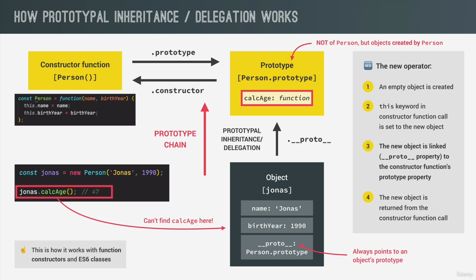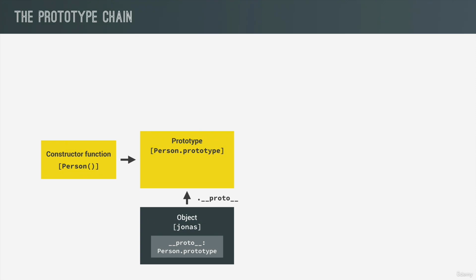So let's understand the prototype chain a bit better by zooming out and looking at the whole picture. So here is the diagram that we already had with the Person function constructor and its prototype property, and the Jonas object linked to its prototype via the __proto__ property.